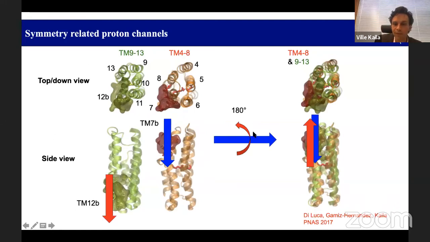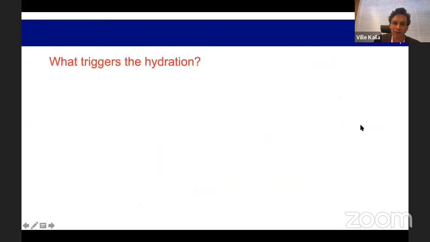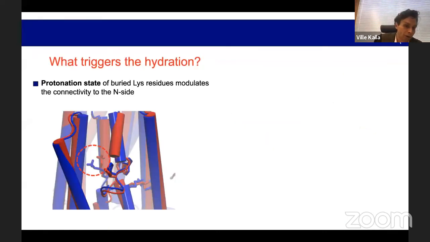So if you would flip this 180 degrees by a rotation, the input and output channel come to a similar location. And what controls this hydration process is a charged residue at the end of this broken helix. And you can see that upon hydration, there is a small subtle motion of this broken helix element, which I guess is why it's a broken helix element.